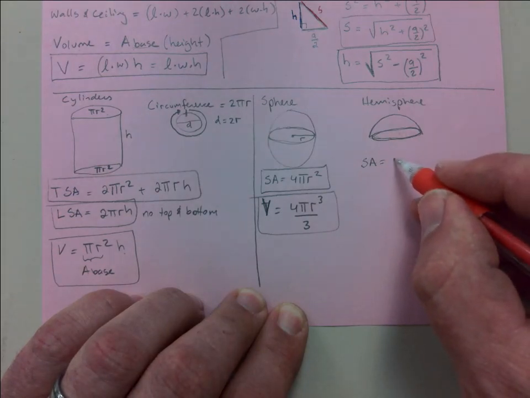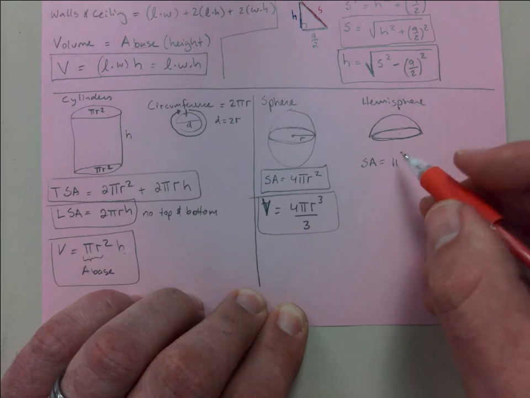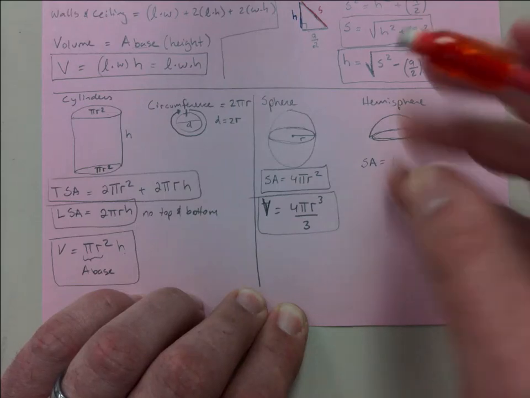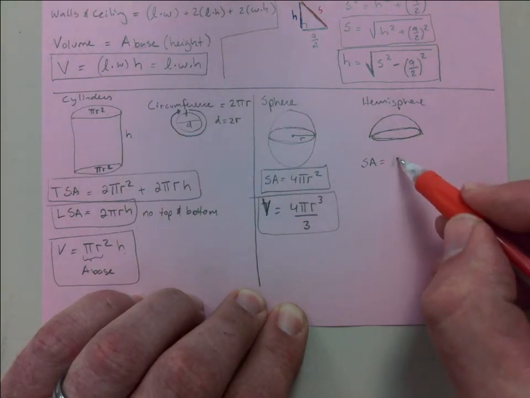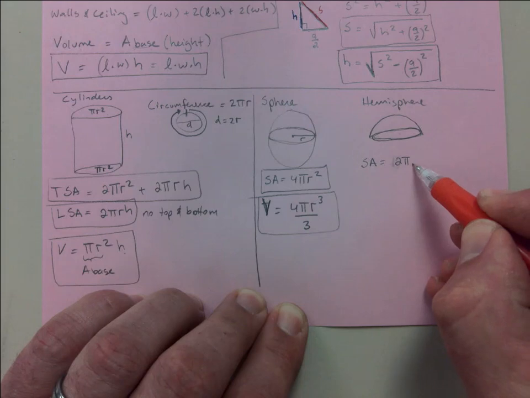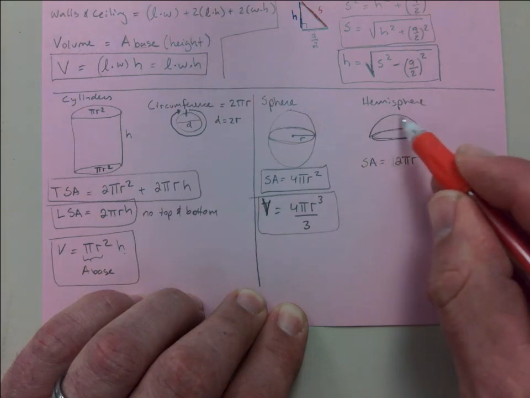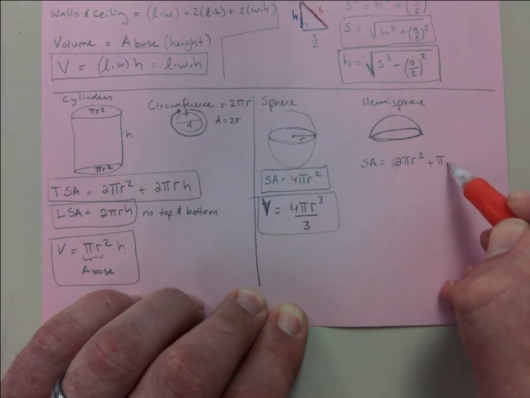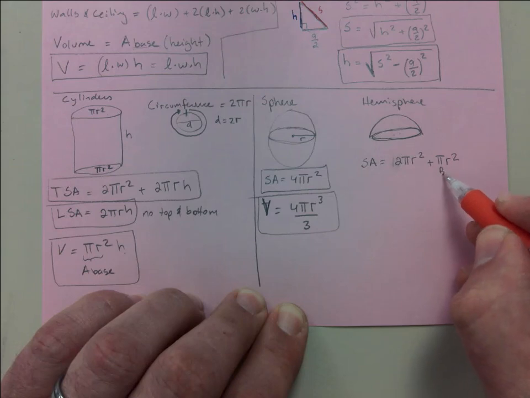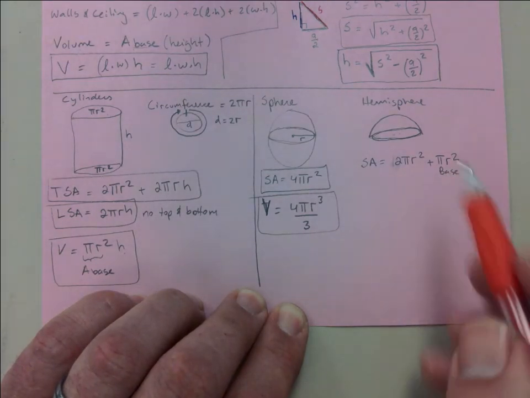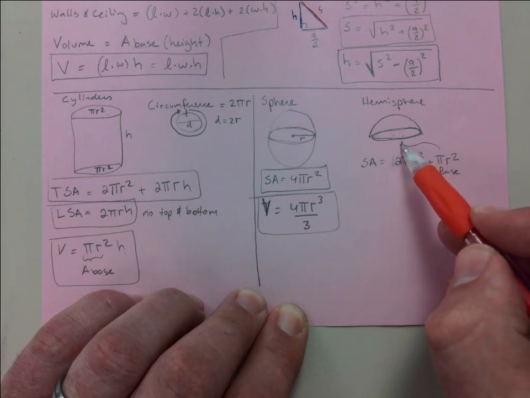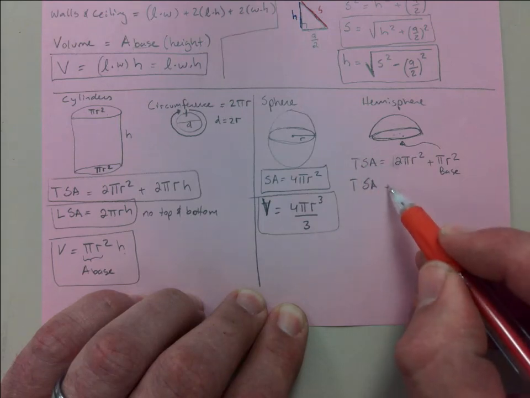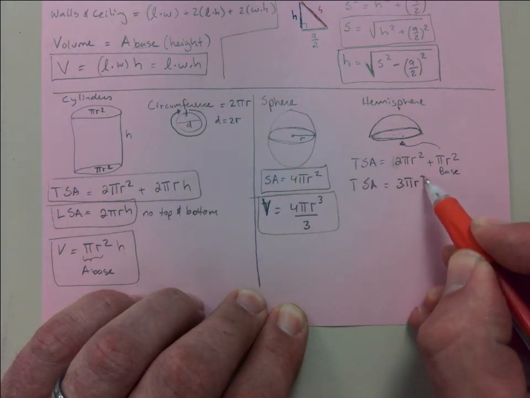You should be careful. Think about it this way, it's half of the sphere's, so it's 2 pi r squared for the outside, but now we've got to add another pi r squared. This is the base, this base right here. So the total surface area would be 3 pi r squared.